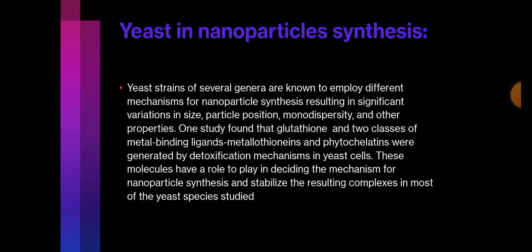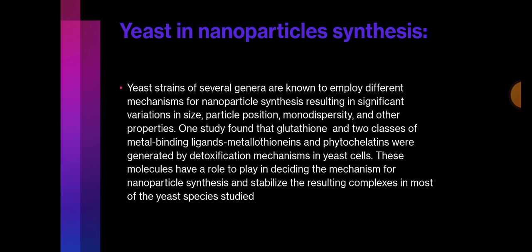Yeast in nanoparticle synthesis. Yeast strains of several genera are now used to employ different mechanisms of nanoparticle synthesis, resulting in significant variations in size, particle positions, monodispersity, and other properties.